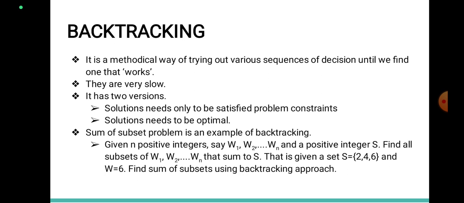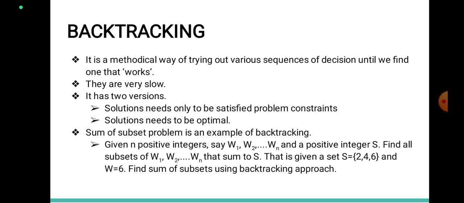For example, we have n positive integers w1, w2 up to wn, and a positive integer s. We have to find the subsets of w1, w2, up to wn that sum to s. Let us discuss an example to understand this easily.